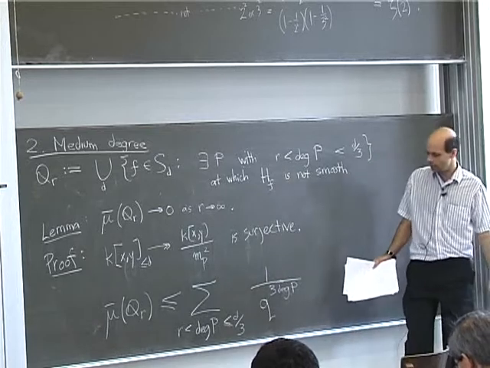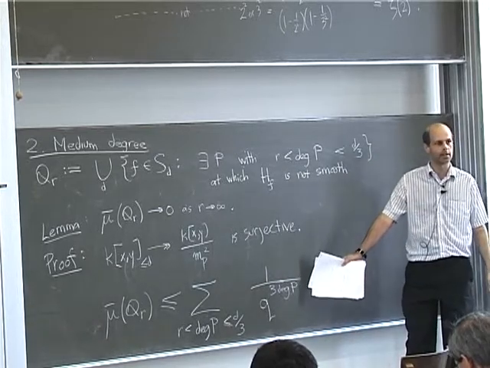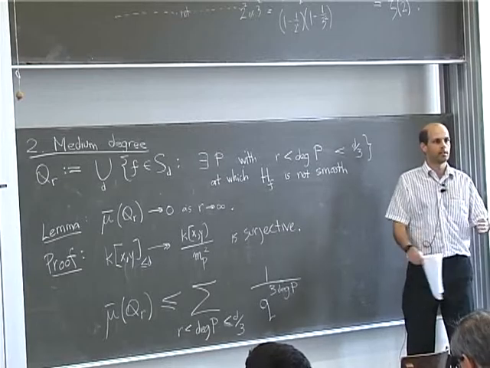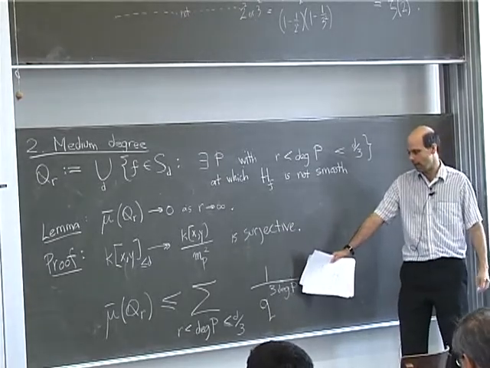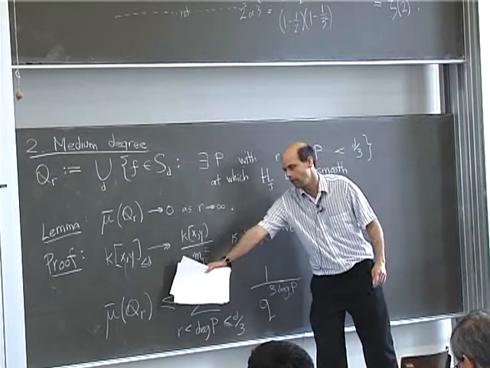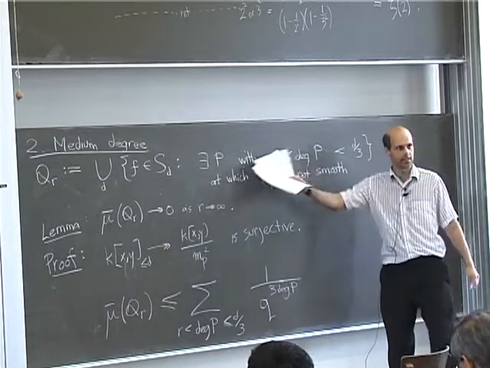This is overcounting a little bit, because there are some f's that might have more than one singularity. But that's okay. This will give me an upper bound for the density of f's that have one of these singularities somewhere.